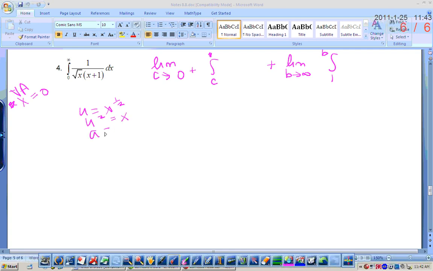A is going to be 1, and what is your du? One half x to the negative 1/2, which is what you have. You just need a 1/2 and therefore a 2 outside.